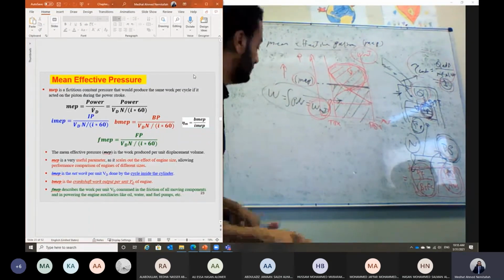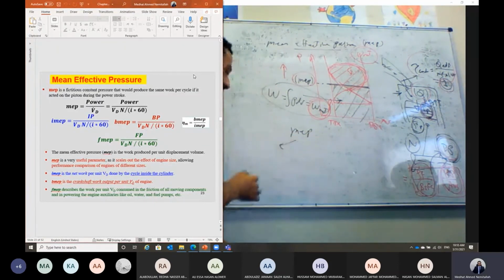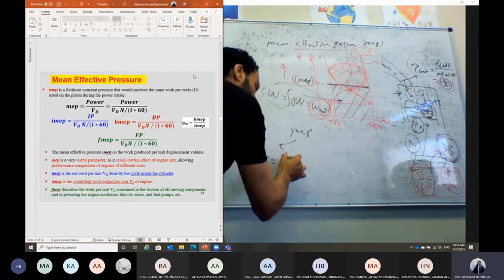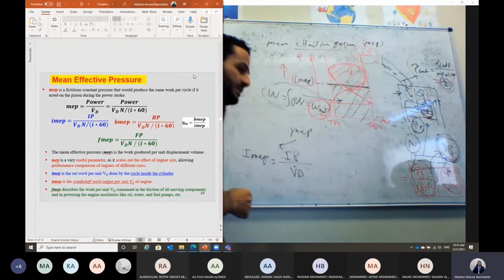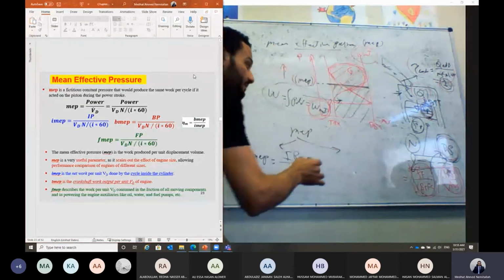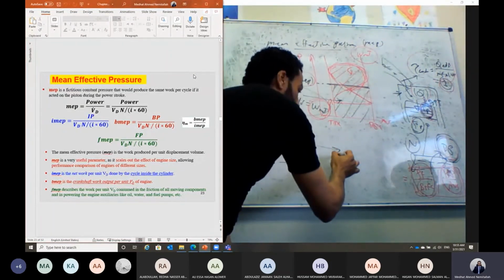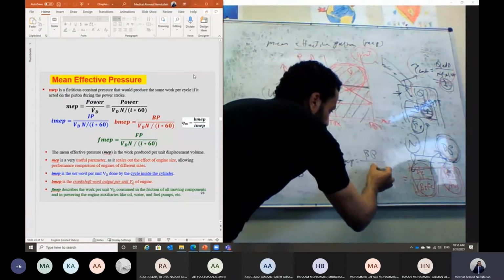The indicated mean effective pressure, or the mean effective pressure in general, can be defined as the indicated power divided by V dot displacement, the rate of displacement volume. Or it can be defined in terms of the brake power, and in this case we call it the brake mean effective pressure, which equals the brake power divided by V dot displacement.